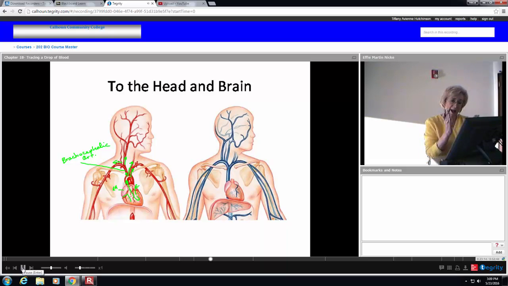So you don't have this joined vessel called the brachiocephalic artery on the left. You only have it on the right. So you don't have to say right. You just say brachiocephalic artery because there's only one. So if we're going to the head, we're going to go from the aortic arch into the brachiocephalic artery. Then we're going to go up.